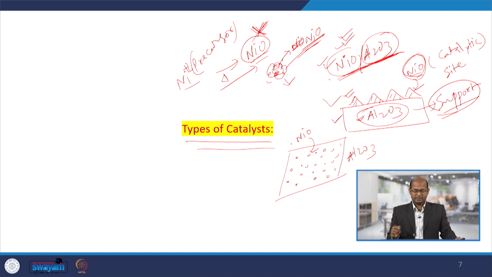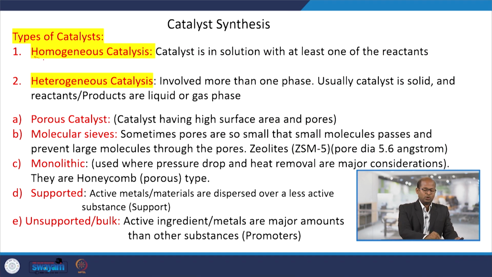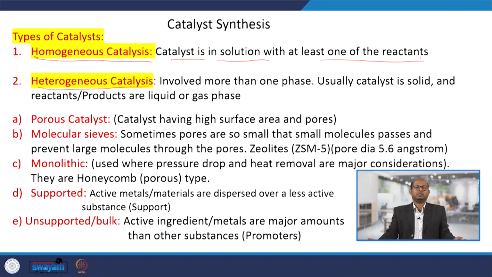Now, if we talk about types of catalyst, there are homogeneous catalysts and heterogeneous catalysts. Homogeneous catalyst is when the catalyst and reactants are both in the same phase; the catalyst may be in liquid or gaseous form, and the reactant is also in gaseous or liquid form. Heterogeneous catalysis is when the catalyst is in the solid phase, and the reactants are in gas or liquid, so they are in different phases.